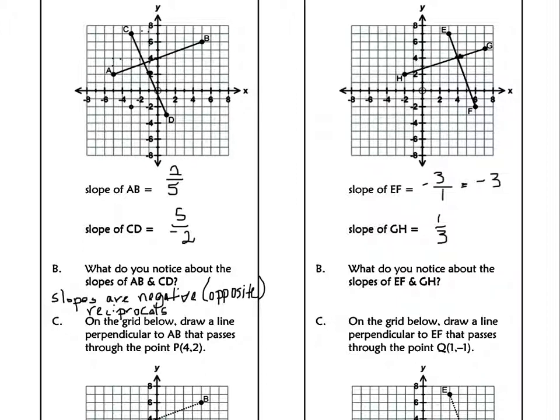Same thing with EF and GH, their slopes are negative, or opposite reciprocals.